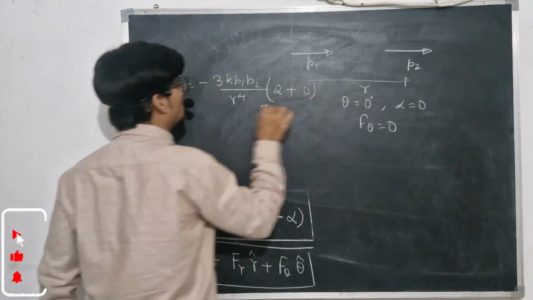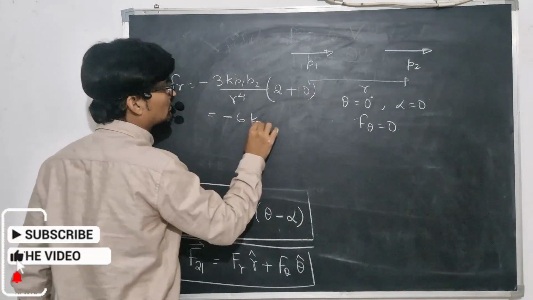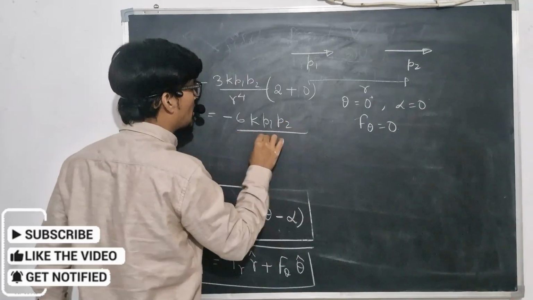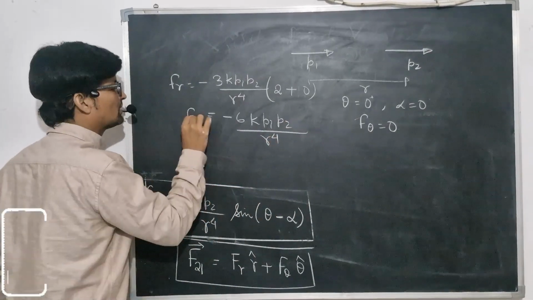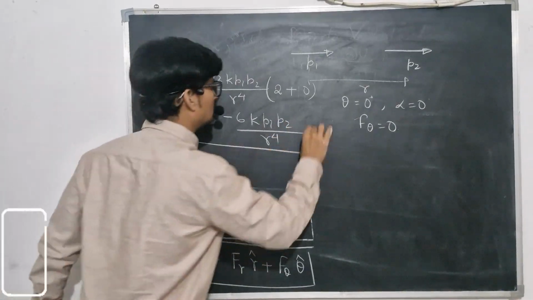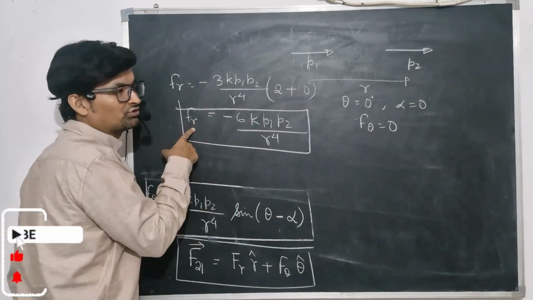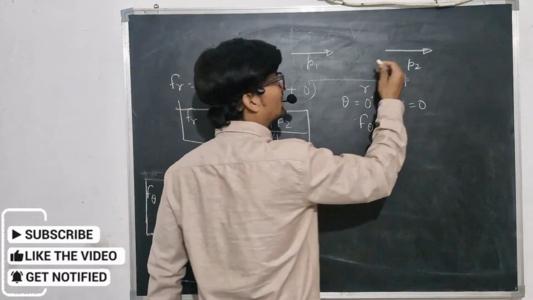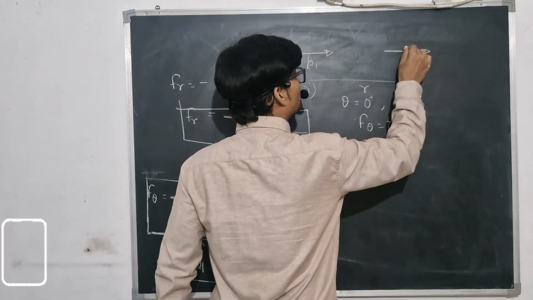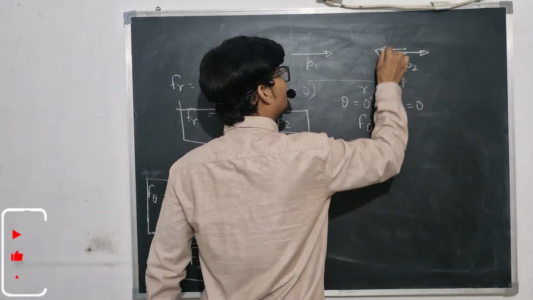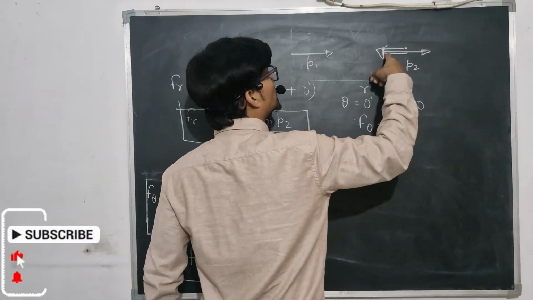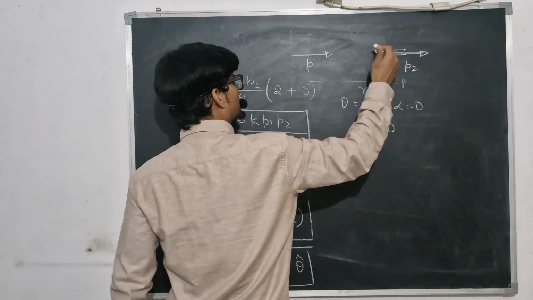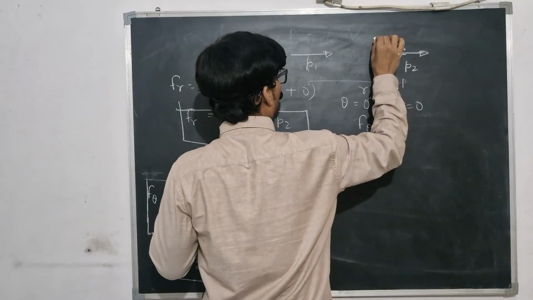So 2 plus 0, which comes out to be minus 6k p1 p2 upon r power 4. This is your f r, and f theta is 0. In which direction is the force? The negative sign shows that it is along minus r cap. So the force of interaction on dipole 2 will be in this direction. So an attractive force will be there.